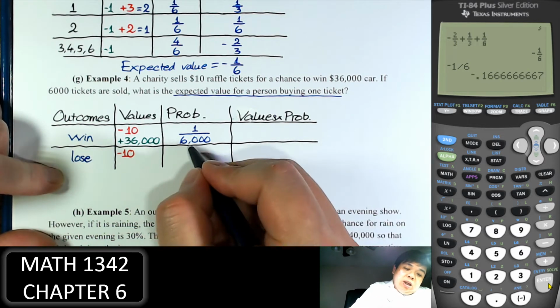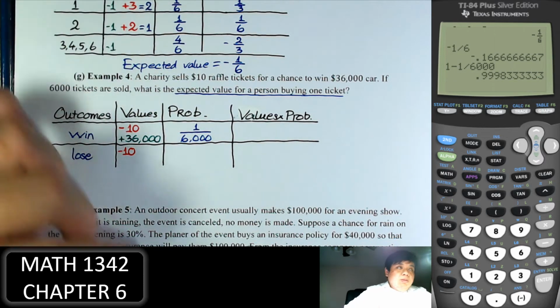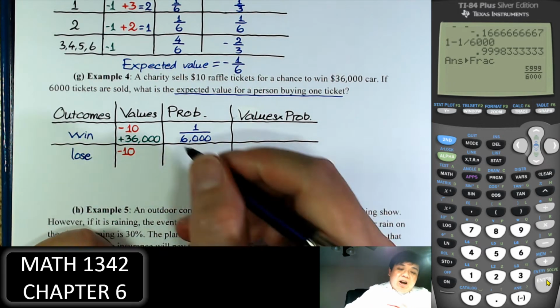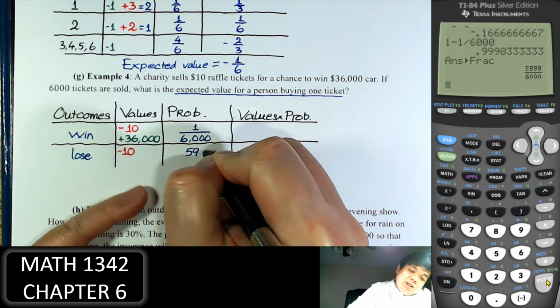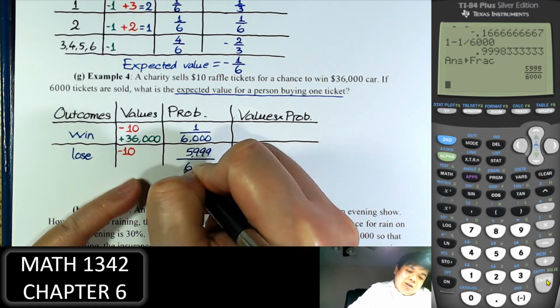And losing is the complement of that, so 1 minus 1 divided by 6,000. It'd be one fraction, that's 5,999 over 6,000.